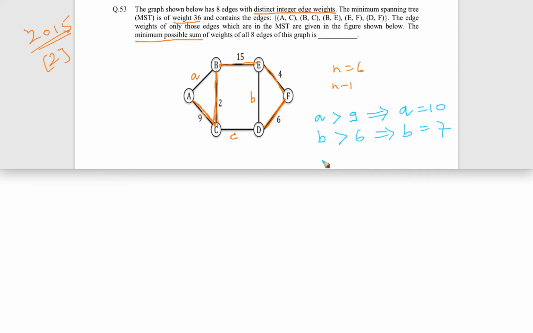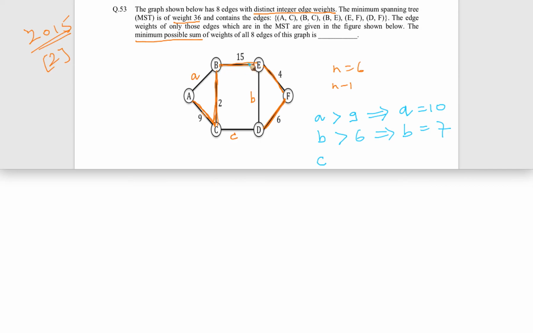Okay, what about C? Now it is interesting. If we would not have taken this BE as part of MST, that would only happen if this C is somewhat smaller than 15. Let's say it is 10 or 12. If 10 or 12 is the value of C, then what is the need of taking this one? I will simply connect this part and this part of MST with CD, and that will give us a smaller MST.